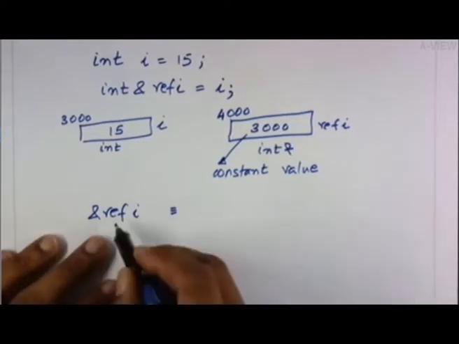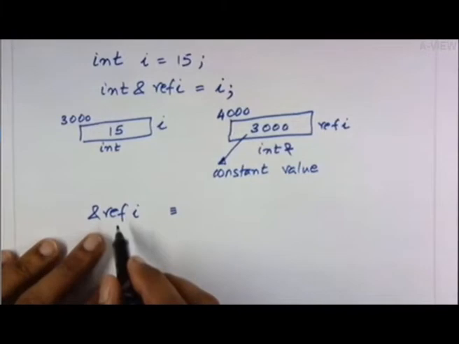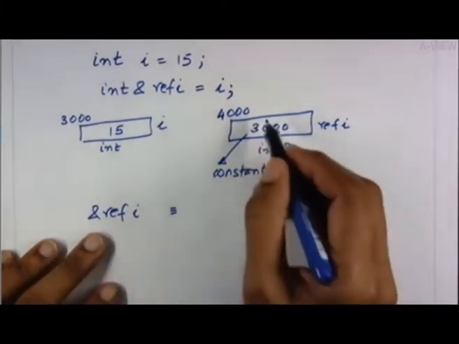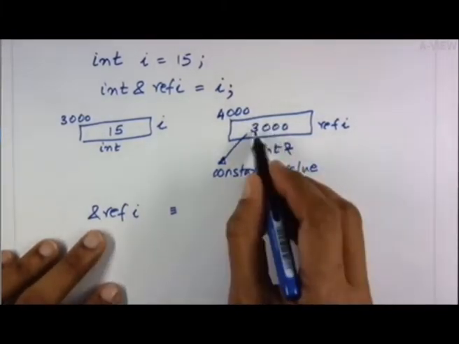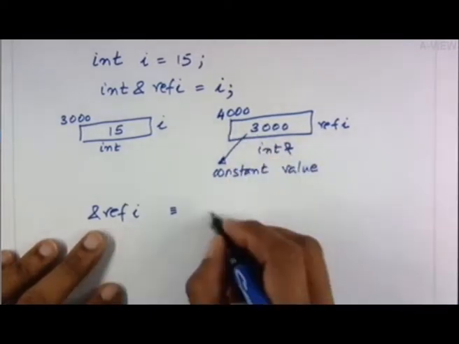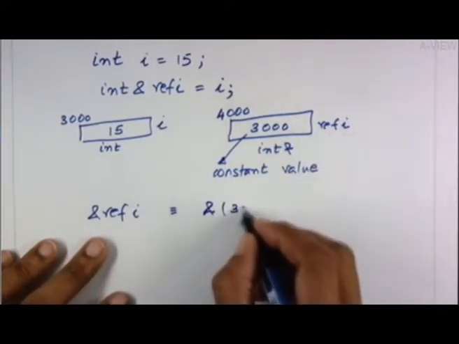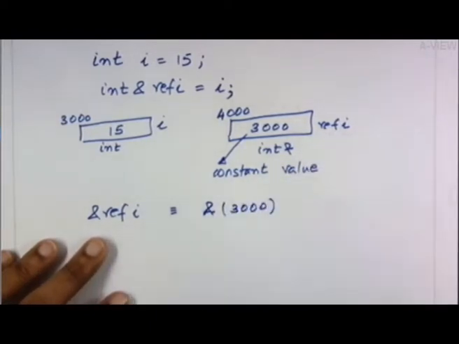So when you say address of ref I, he goes to whatever is ref I. Okay. So what is ref I? Ref I happens to be this entity 3000. So 3000 is what? 3000 is dereference. So ref I is basically the address of the entity which is holding the value of 3000.